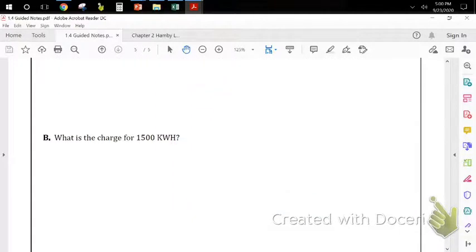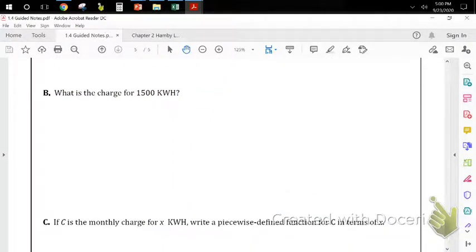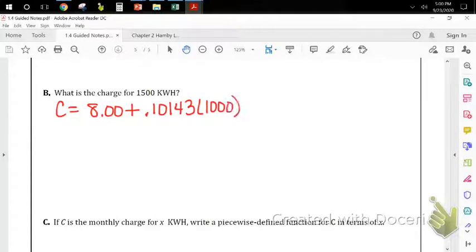Then it says, what is the charge for 1,500 kilowatts? Well, the charge for 1,500 kilowatts is going to be $8 plus the 0.10143 for the first 1,000 kilowatts, plus, then it says it goes up to 12.143 cents per kilowatt hour for anything over 1,000. So that's going to be 0.12143 times, how much over 1,000 did they have? Well, they had 500 over it because they had 1,500 total. All right, and so we're just going to work this out.